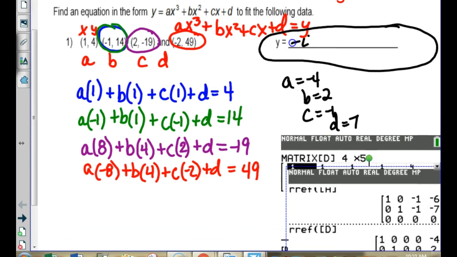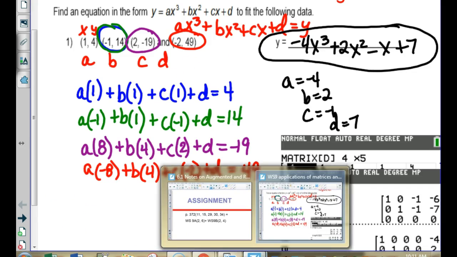So it's -4x cubed plus 2x squared minus 1x plus 7. Now, I wish I had time, but if you go to graph this, you could do trace, and every one of these points is right on that cubic, okay? We just found the cubic equation that lists all those.